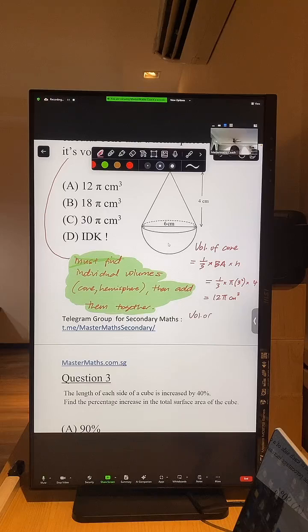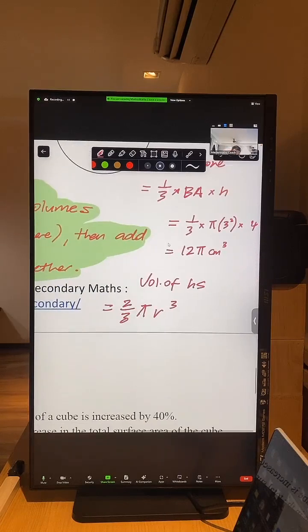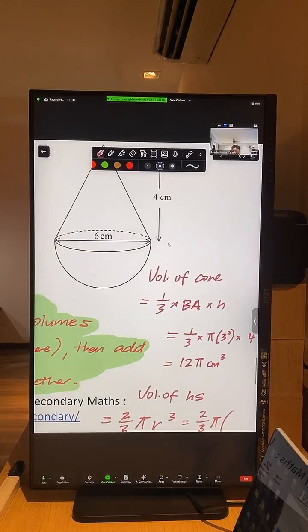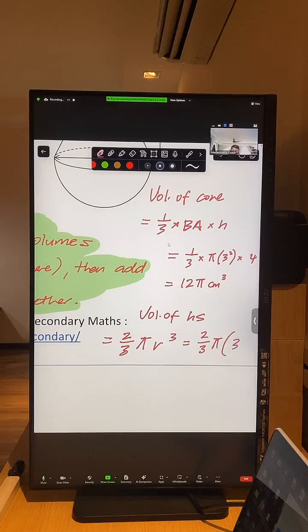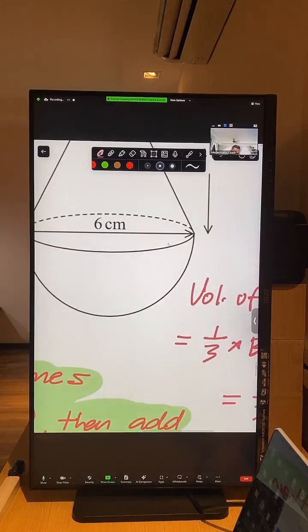Volume of hemisphere, I'm just going to call it HS because I'm lazy to write the word hemisphere. Volume of hemisphere we know is 2/3 pi r cube. Our r for the hemisphere is also 3 cm. You can see the hemisphere and the cone both share the same radius, the blue line here.